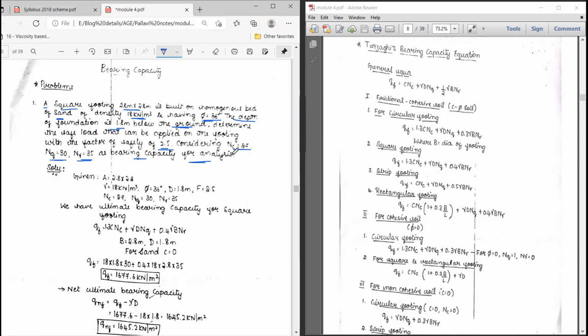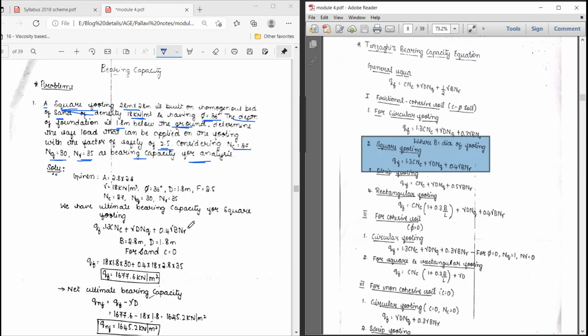Whenever this problem comes, first you have to see what type of footing it is. This is actually a square footing, right? For the square footing, this is the formula: 1.3 C into N suffix C plus gamma D into N suffix Q plus 0.4 gamma B into N gamma.